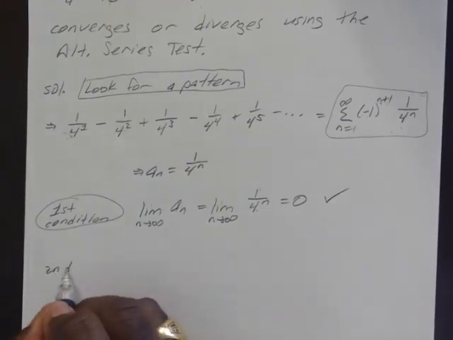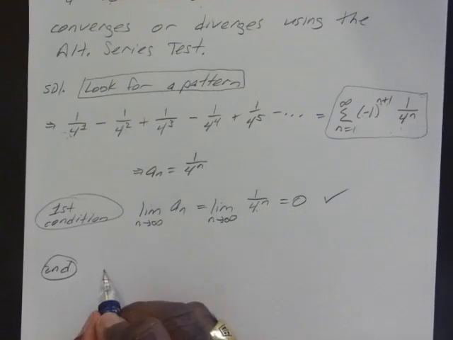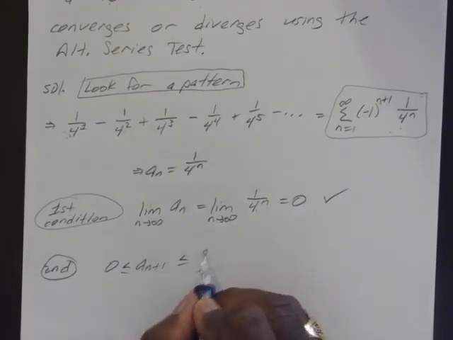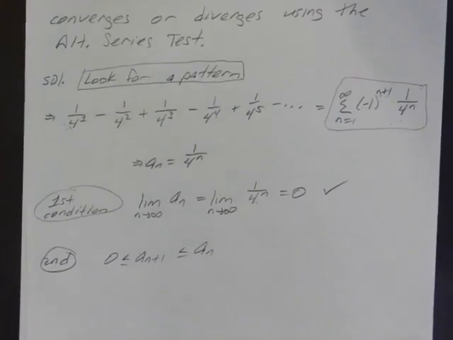Now your second condition is that a sub n plus 1 has to be less than or equal to a sub n. It has to be non-increasing.